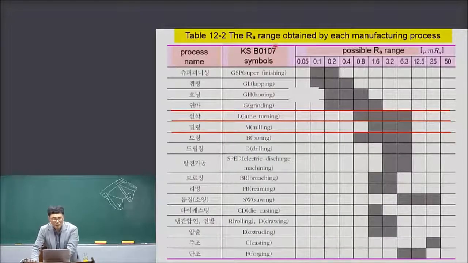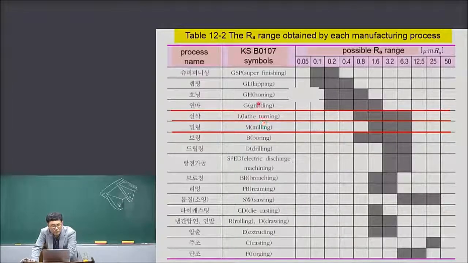Okay. And the Ra range obtained by each manufacturing process is like this. So maybe, the process grinding. The typical symbol for grinding is G. I don't know if you ever used lathe turning, where the symbol is L, large L, and milling, large M. Super finishing, GSP. This is a standard symbol which represents the corresponding manufacturing process.